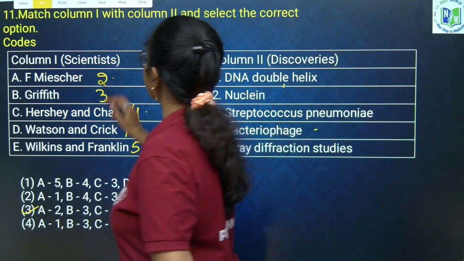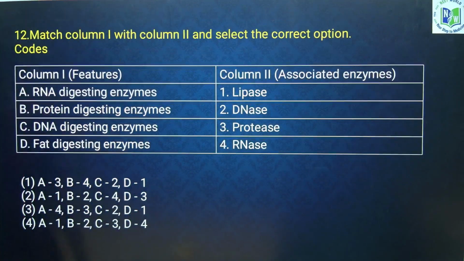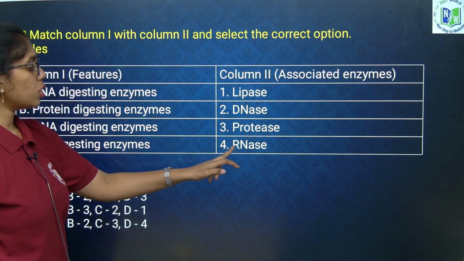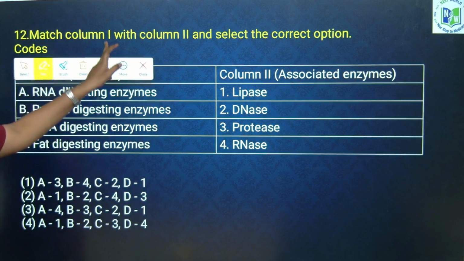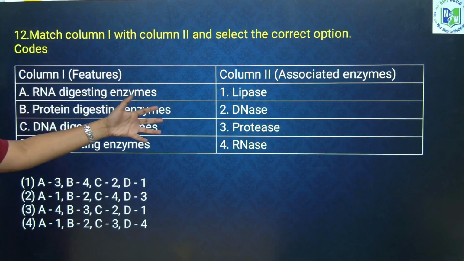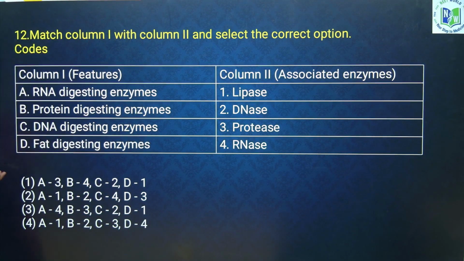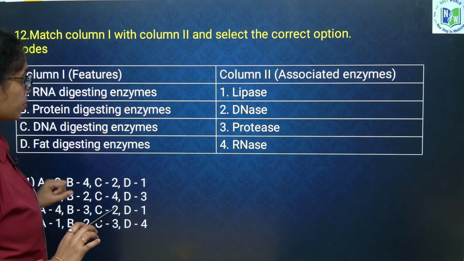answer. Next question, if you look into DNA digesting enzymes. This you will come across the biochemical process of Avery-MacLeod, those biochemical process. Here you need to look into the enzymes clearly when you are going through that experiment.